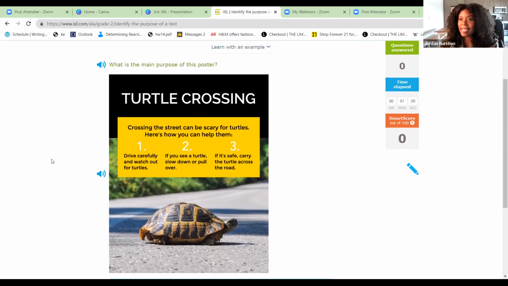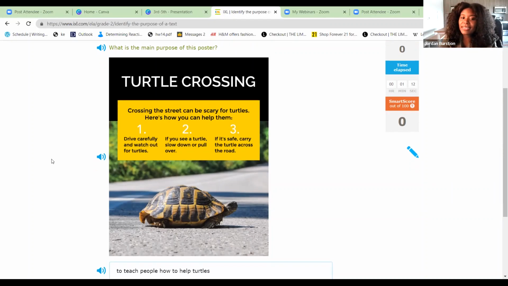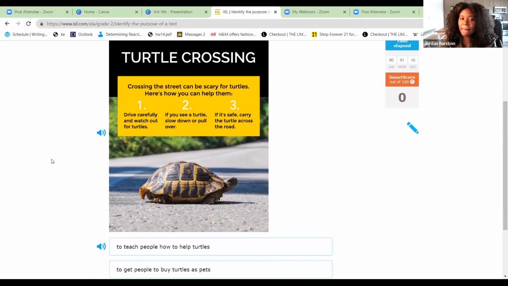Okay, so these next couple questions want you to use your context clues again to try and identify the main purpose of a poster this time. So here we have a poster. Okay, and I'm going to zoom out a little bit.